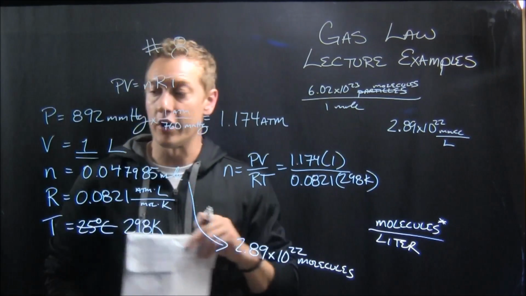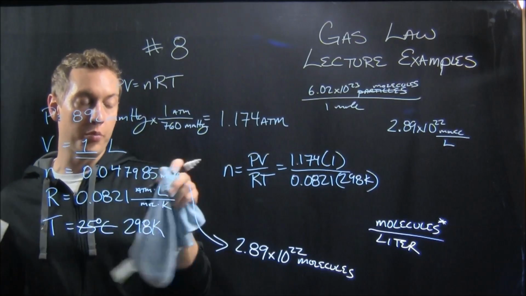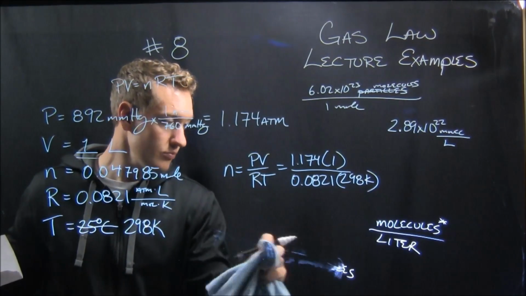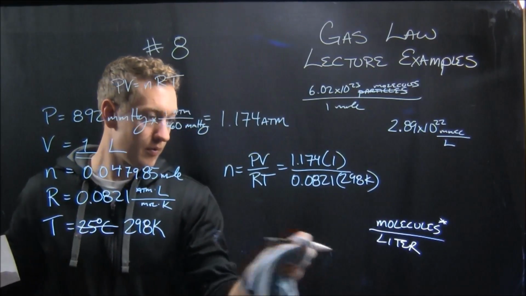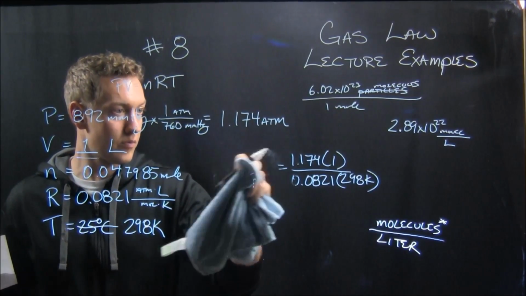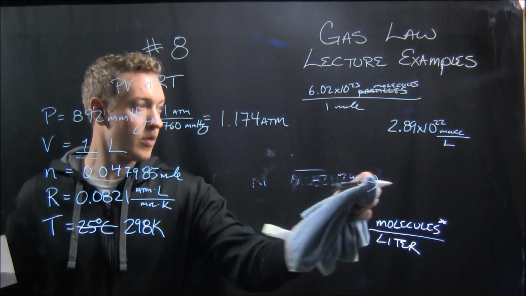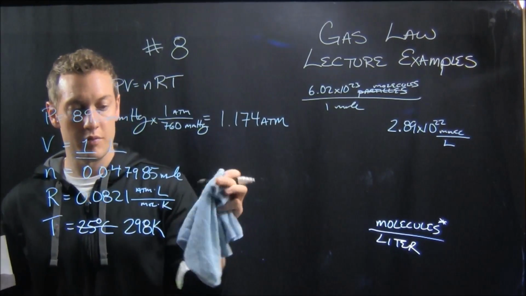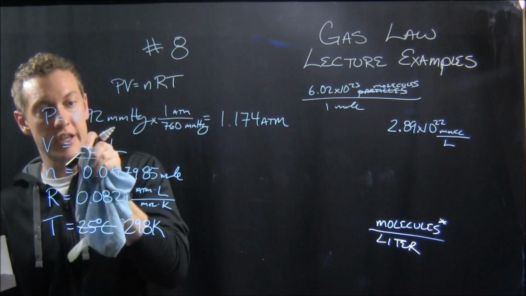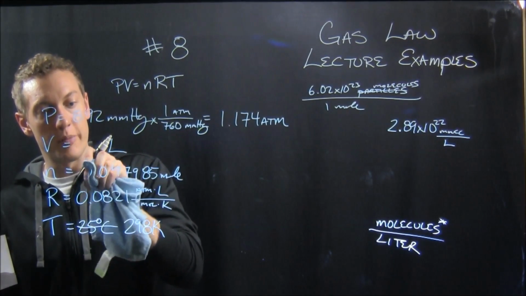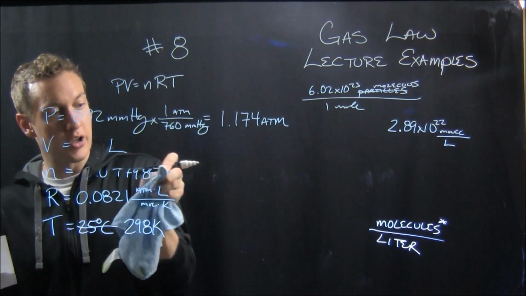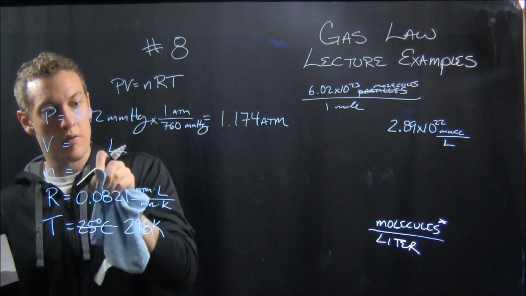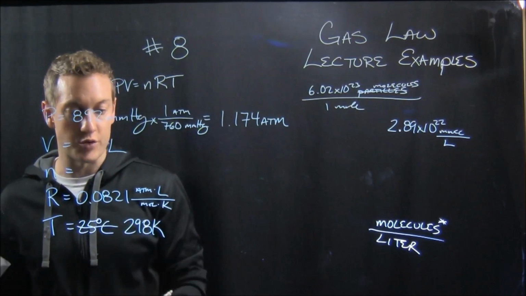I go back and work it out with 1 mole per X amount of liters. So all the other numbers stay the same. It's some unknown amount of liters, but we're going to plug it in as 1 mole.